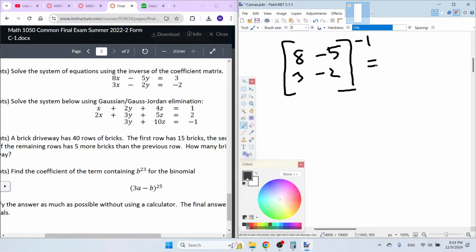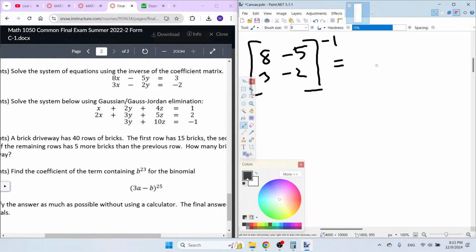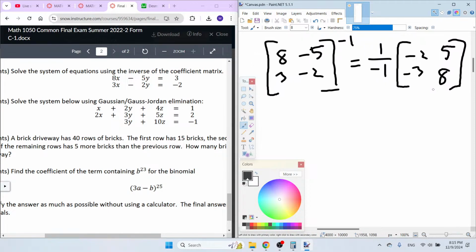The formula is 1 over the determinant. Determinant is going to be -16 minus -15. So that gives us -16 plus 15, which is -1. So we have 1 over -1 times, we switch A and D, and we negate B and C. There's our inverse matrix.